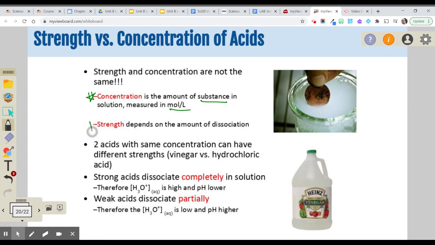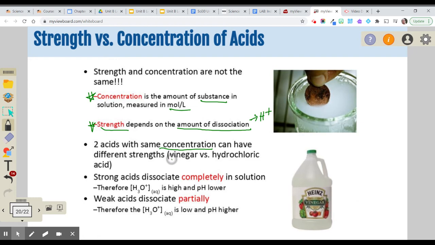The strength of an acid depends on how well it dissociates, right? Remember, it has to dissociate and donate a proton. If it's really good at donating protons, then it's very strong.